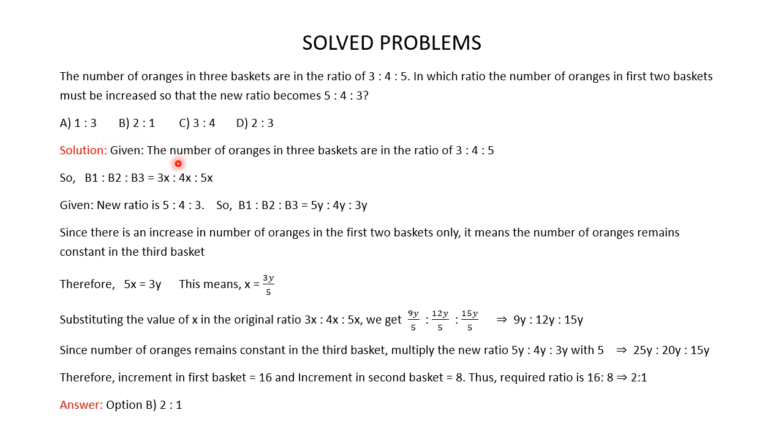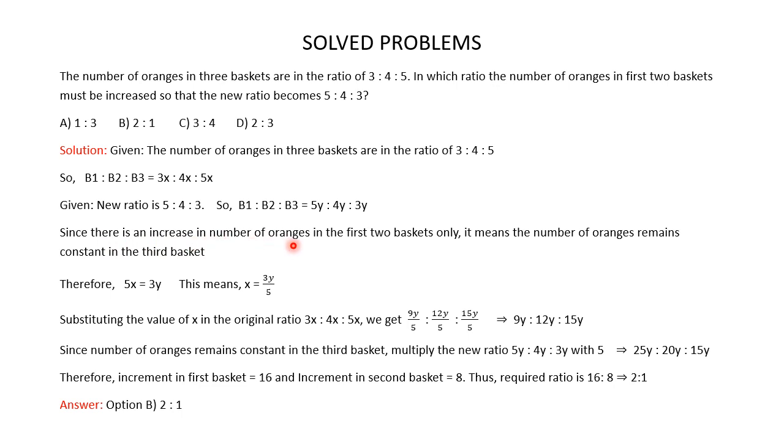Now it's given that originally the number of oranges in the 3 baskets are in the ratio of 3:4:5. So B1 is to B2 is to B3 is equal to 3x is to 4x is to 5x. It's given that now the new ratio is 5:4:3. So B1 is to B2 is to B3 is equal to 5y is to 4y is to 3y.